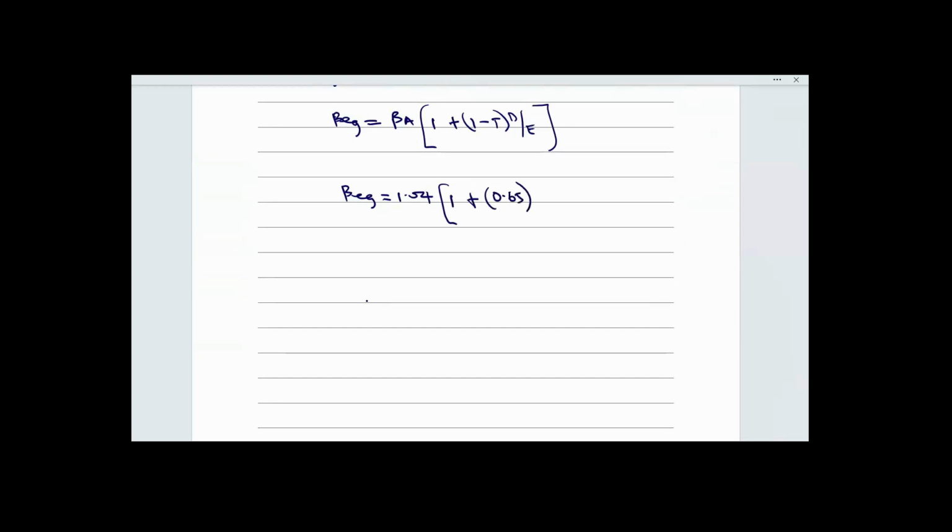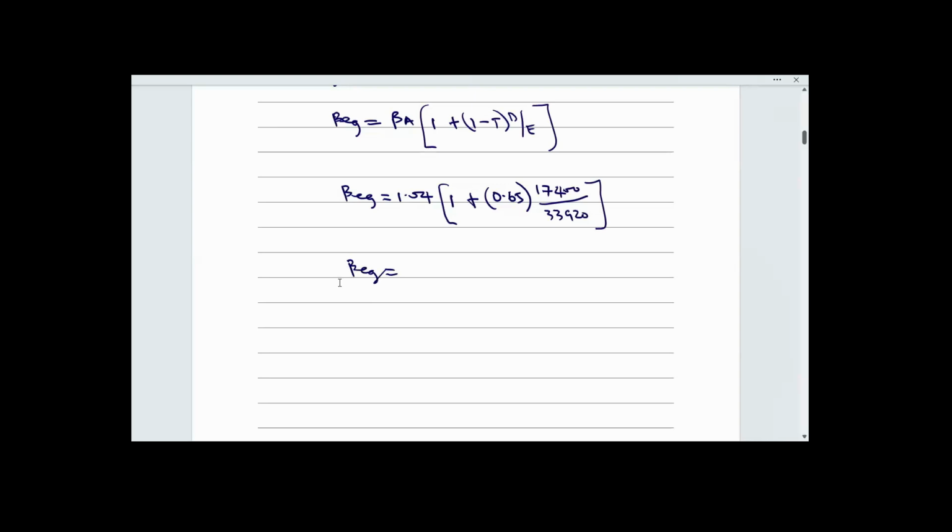Multiplied by debt equity proportion of Kilimanjaro. For Kilimanjaro, debt is 17,400. Equity is 33,920. So use your calculator to get the final answer. What do you have there?